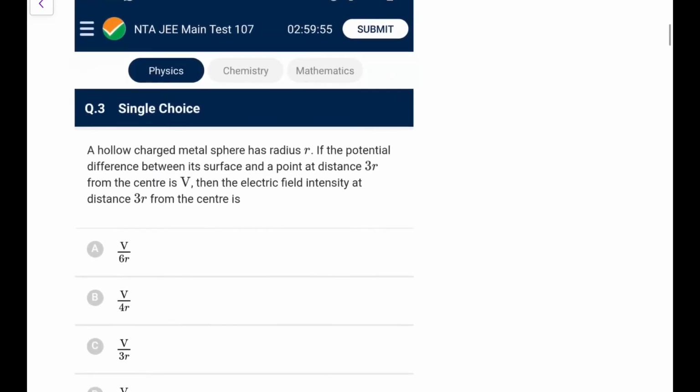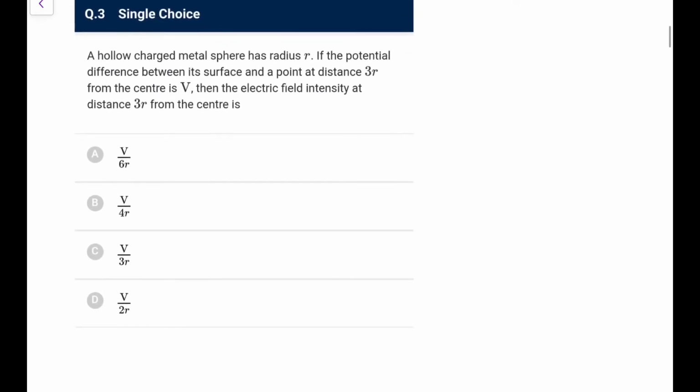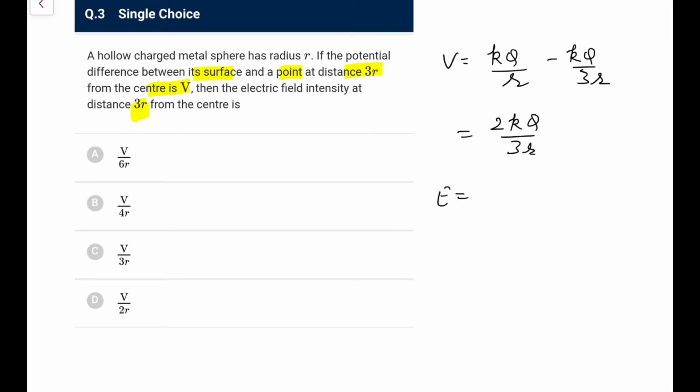Next one: a hollow charged metal sphere has a radius r. If the potential difference between the surface and a point at a distance 3r from the center is E, then the electric field intensity at distance 3r from the center is... So V is kq by r minus kq by 3r. You can write it like this, that is equal to 2 kq by 3r, and the electric field at that point is kq by 9r square.